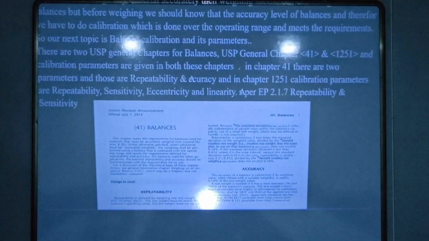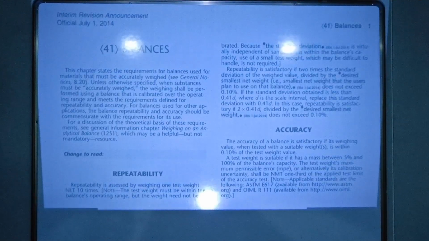As per USP General Chapter 1251, there are four: repeatability, sensitivity, eccentricity and linearity. And as per EP 2.1.7, there are two: repeatability and sensitivity. Today we cover only USP 41, with repeatability and accuracy.